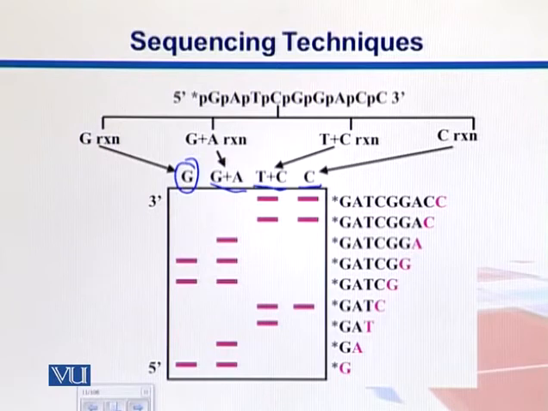Say for instance our sequence was G, A, T, C, G, G, A, C and C from 5' to 3' direction. The first phosphate is radio labeled, so that helps in its screening.